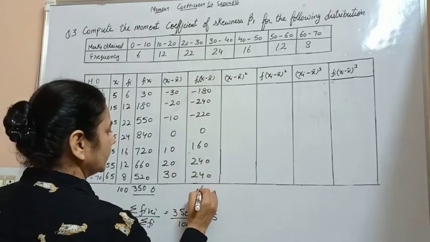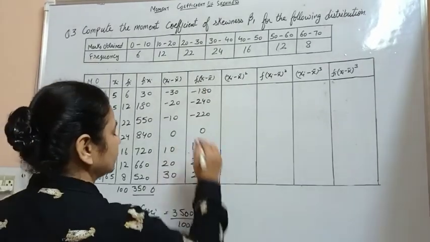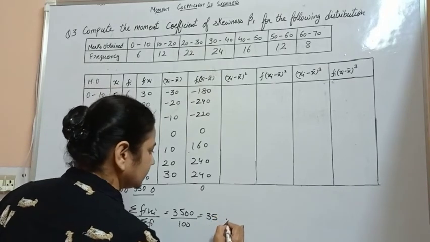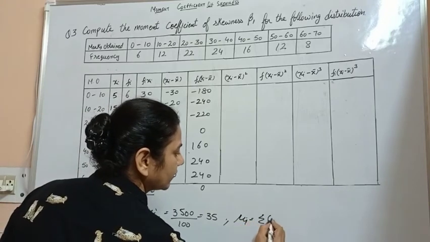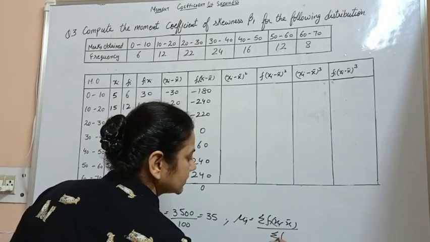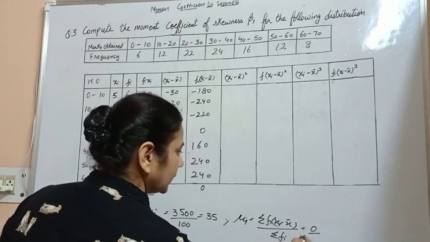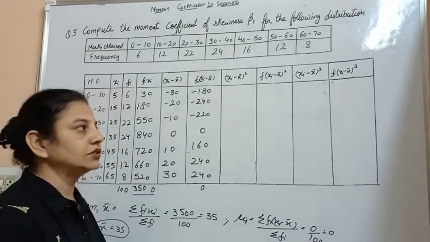On adding, you will get 0. Now the first central moment mu1 is equal to sigma Fi xi minus x bar divided by sigma Fi, which means 0 divided by 100 is equal to 0. My first central moment is 0.